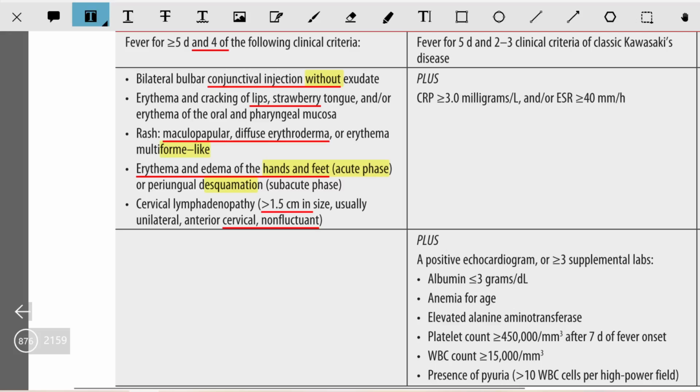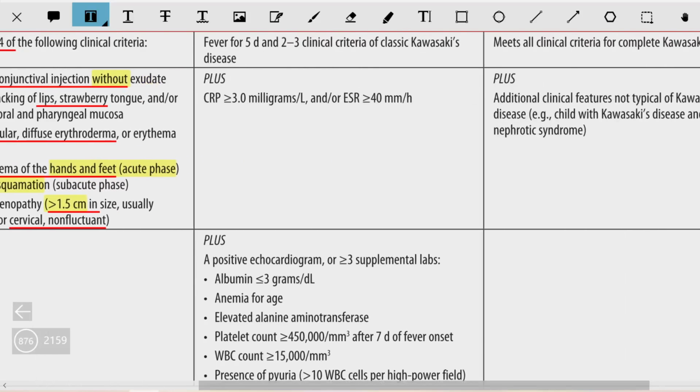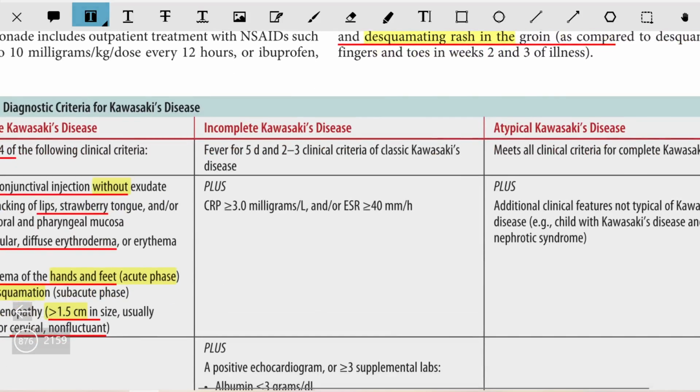You can remember it like that. And there will be cervical lymphadenopathy, more than 1.5 centimeters in size, usually unilateral, anterior cervical, non-fluctuant.